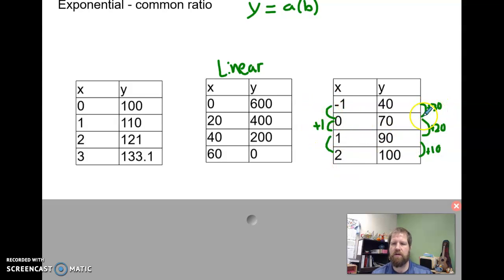As my x increases, my y increases. These are not consistent, so I know it's not linear. But if I look at my second difference, from 30 to 20 is 10 less. From 20 to 10 is 10 less. Because those second differences are the same, I know this is going to be a quadratic.